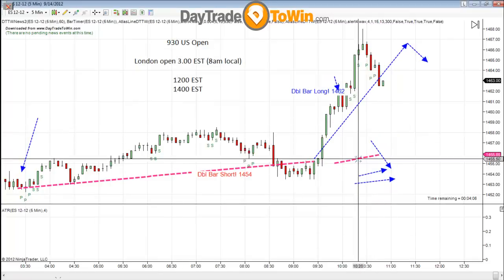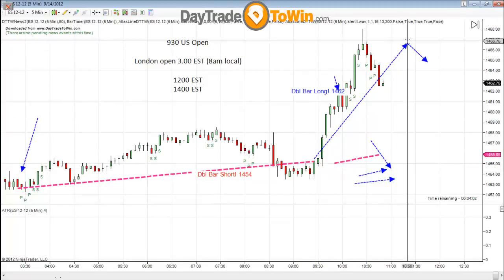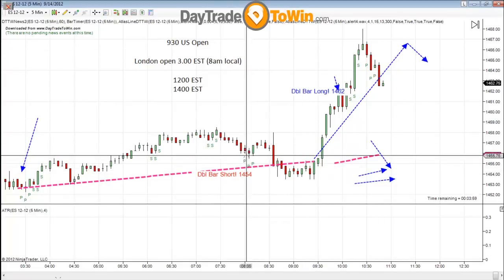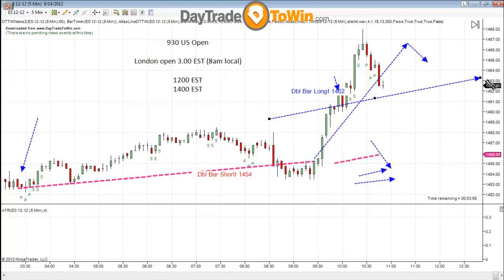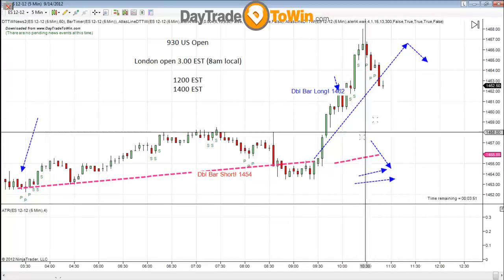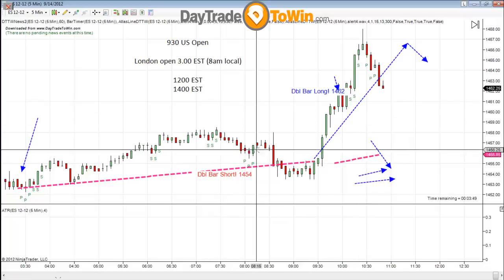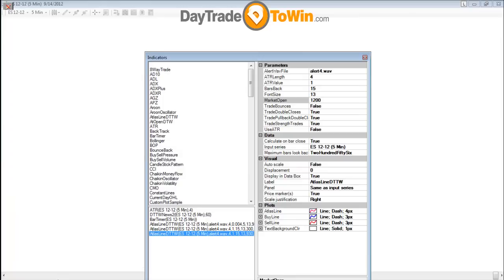So if you have a situation where the market's made its move all the way up, and now you're looking for another Atlas line plot, you would add another Atlas line here to your chart for 12 o'clock Eastern Standard.